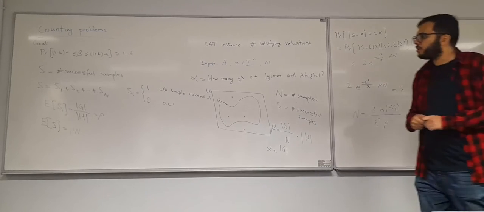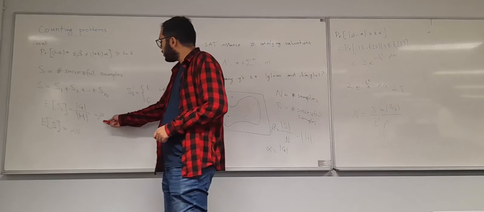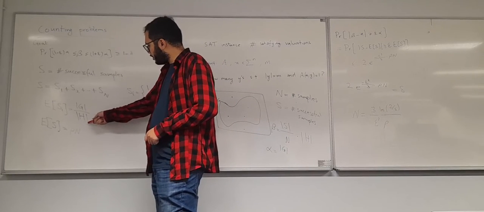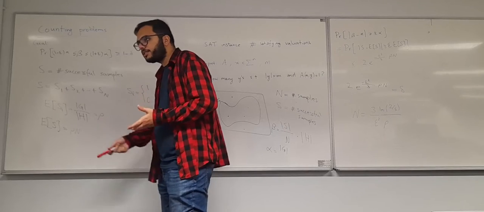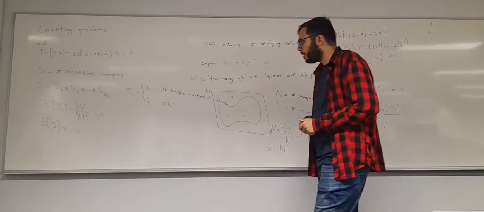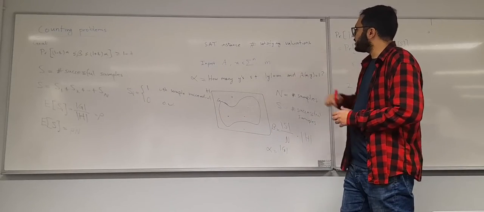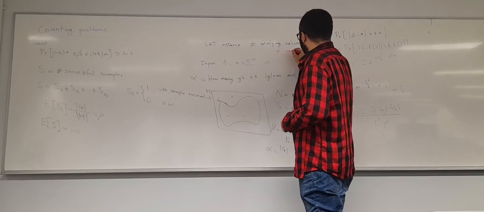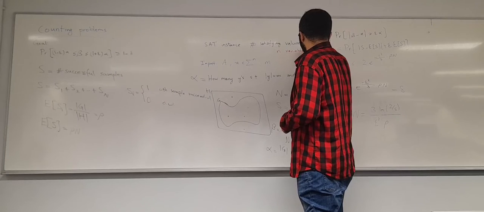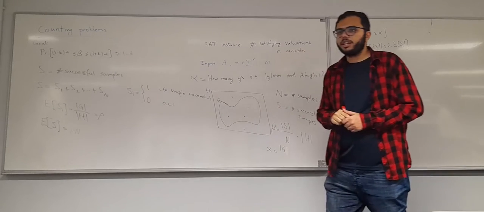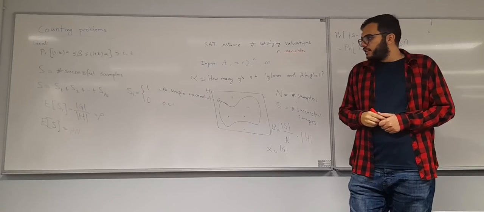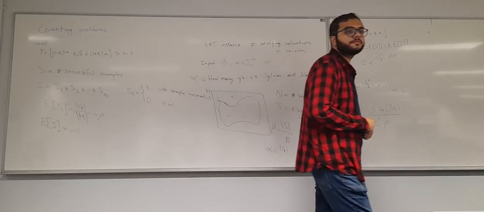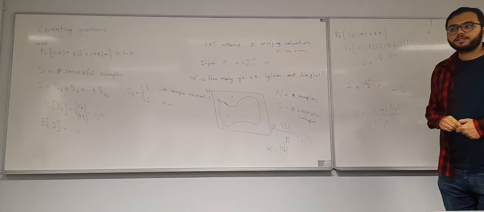So what is rho? Rho is the ratio of actual answers to the total number of potential answers that we could try. So if I have a SAT, and let's say I have n variables in my SAT instance. What is this rho in the worst case?